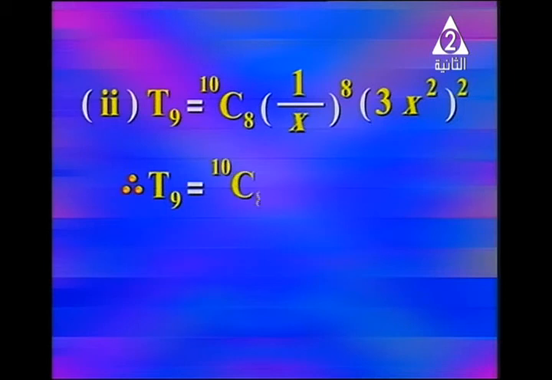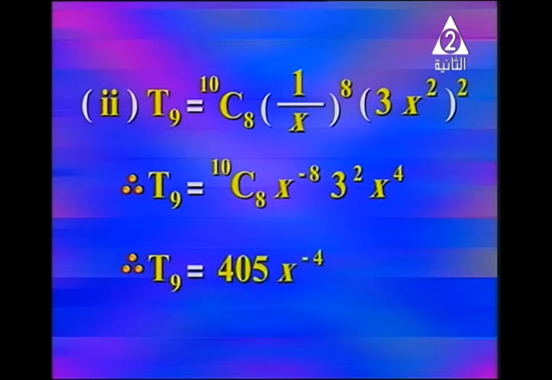By the same method, 10C8 x to the power negative 8, 3 to the power 2, x to the power 4. Then by using a calculator, 10C8 equals 10C2, multiplied by 3 squared, equals 405. x to the power negative 8 times x to the power 4 equals x to the power negative 4.